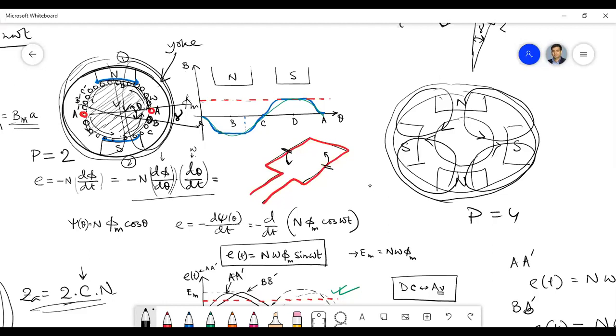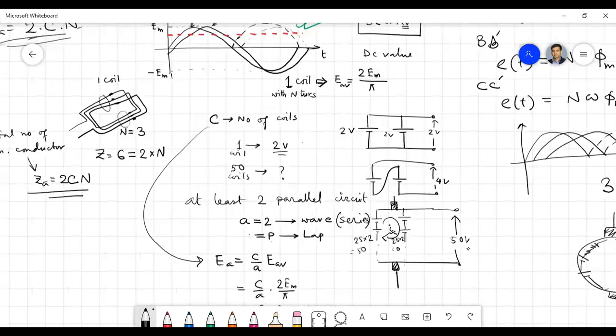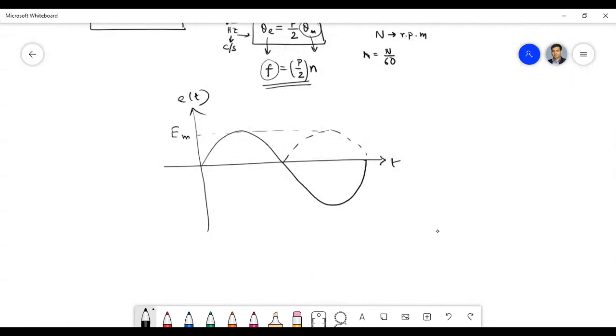So my objective is, one, I have to rectify this and get this type of full wave rectified waveform. Another is I have to make an interface between the static and rotating.